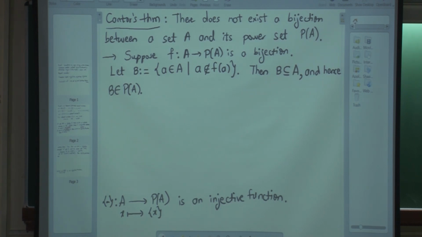So far so good. Now what should we do? It belongs to the power set, so it belongs to the codomain of the function. The function is bijective.